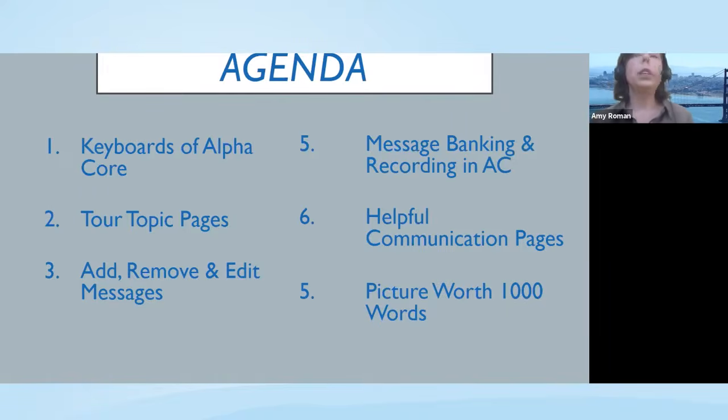I also want to talk a little bit about message banking and how it's incorporated in AlphaCore. I want to definitely show you some of the most helpful communication pages in AlphaCore. And then finally, we're going to look at a picture is worth 1,000 words, and I'll show you that when we get to it.